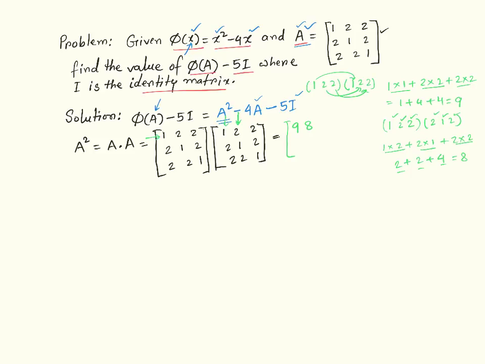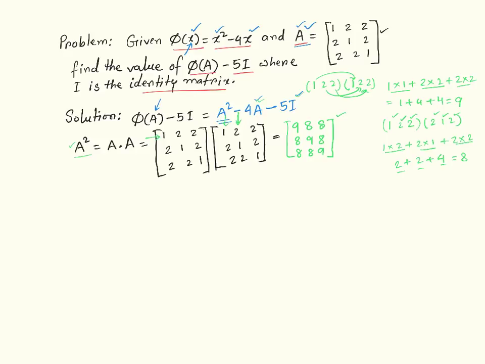Now, if I continue this process, I'm going to get the new matrix, which is going to be my A square. If I do all the calculations, this is the matrix I'm going to get. That's going to be my A square. It's going to be 9, 8, 8, 8, 9, 8, 8, 8, 9. Now I have A square, and then I have A and 5I, A and I, so here and here.